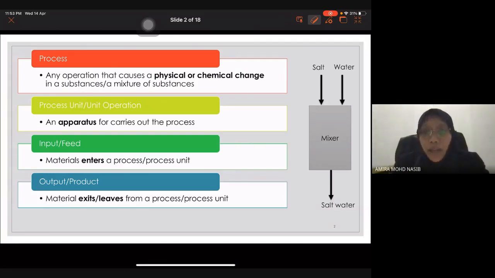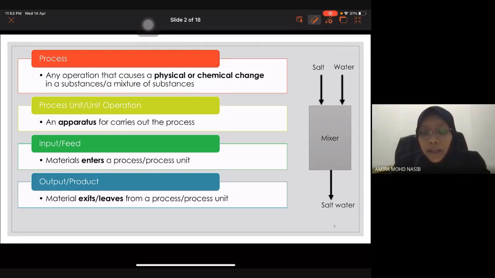So what is the output? Output is anything that leaves your unit operation. The simplest example that we're talking about is the oven. After you put in your mixture of all your ingredients, you leave the mixture in the oven, you turn on the switch, and you set the temperature and the time.